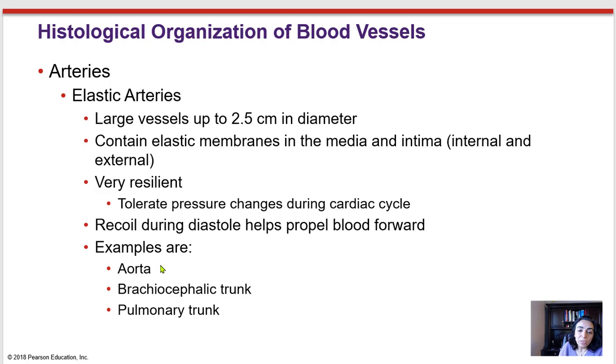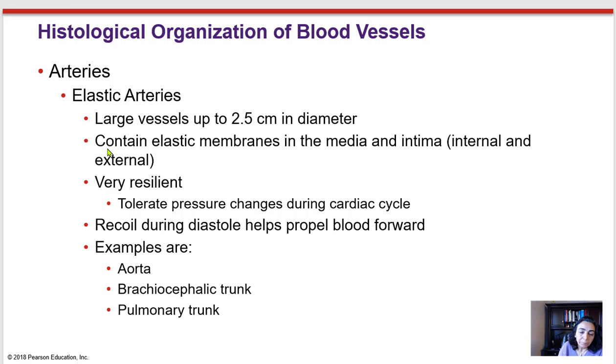We want to see what is different between elastic arteries and other types of arteries. First of all, they have a very large size, the largest vessels in diameter, about 2.5 centimeters. As you see, these are the biggest arteries, at least we can say.